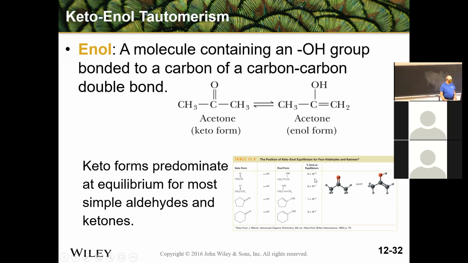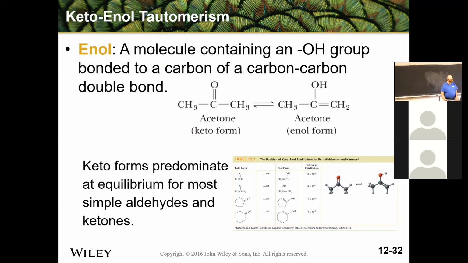The percent enol at equilibrium is 6 times 10 to the minus 4th percent. So it's very little of this, almost all the ketone. And for several of these others, again, the enol is not favored. There is a very small amount of this at equilibrium.